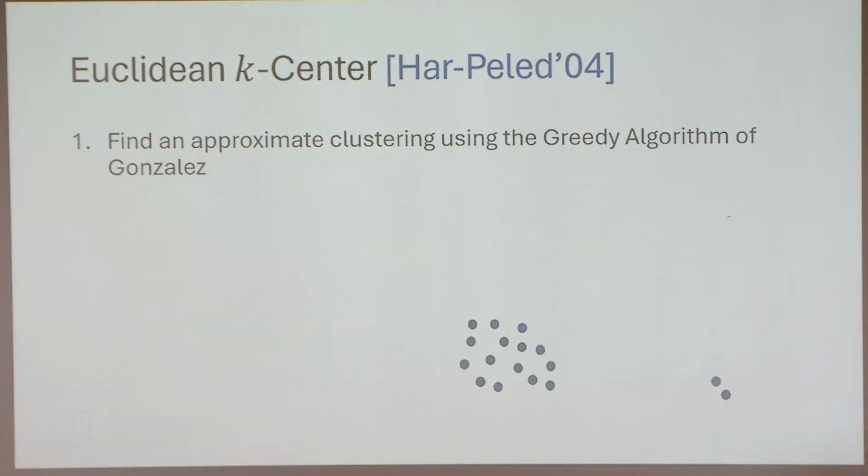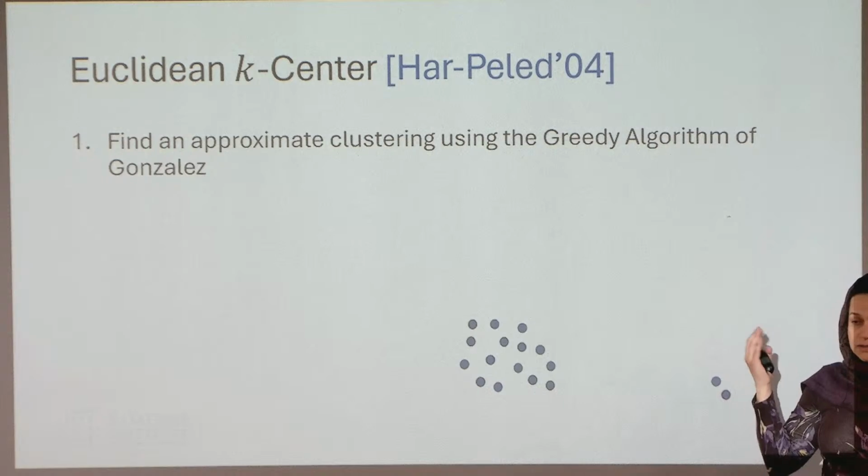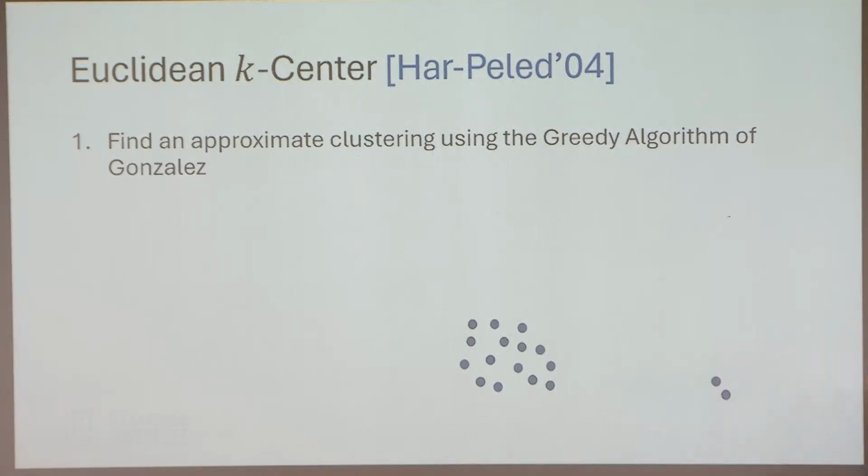Now, what if you want to do k-center in the Euclidean case? You can do the following. You can run an approximate clustering algorithm using the greedy algorithm of Gonzalez that I mentioned at the beginning.